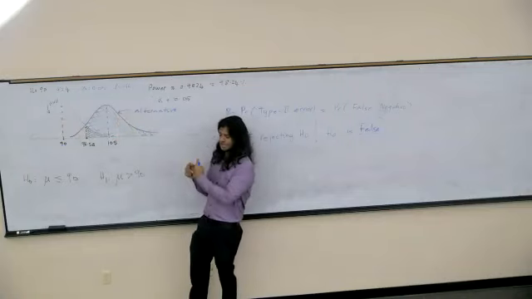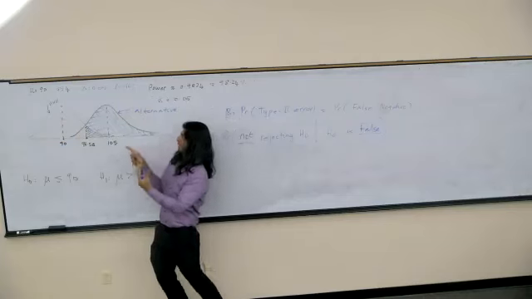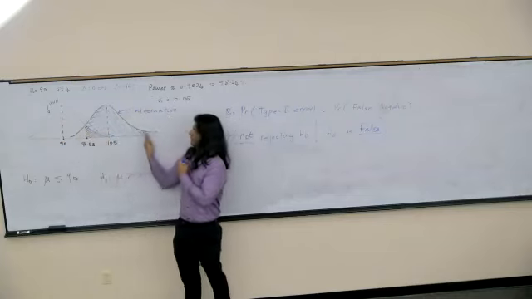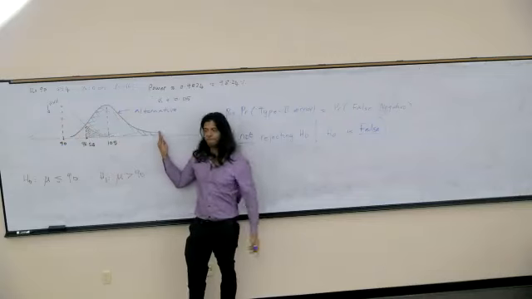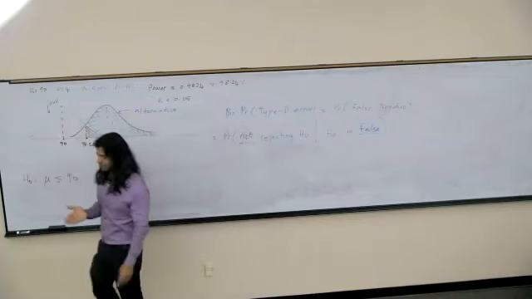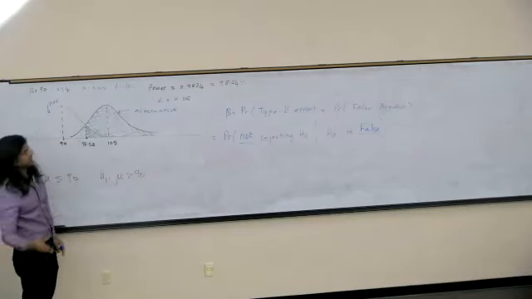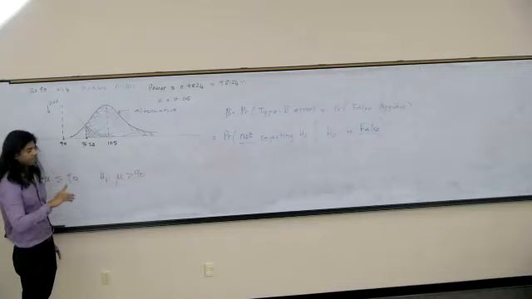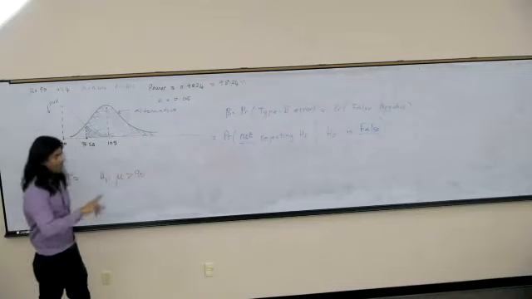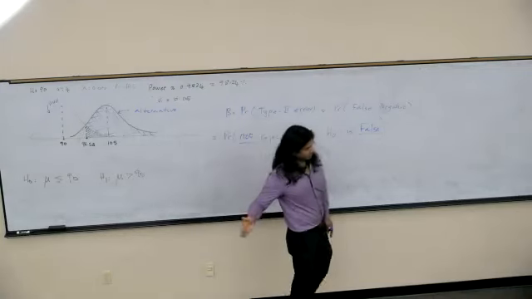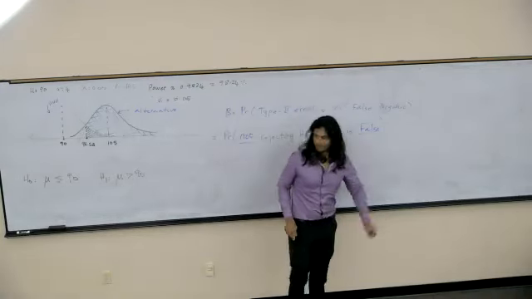We pick the alternative, and when we pick the alternative, we use that value to find the power. If you go back and look at the definition of power, it is done under the condition that the null is false. So last time I wrote the probability of rejecting the null when the null is false is power.